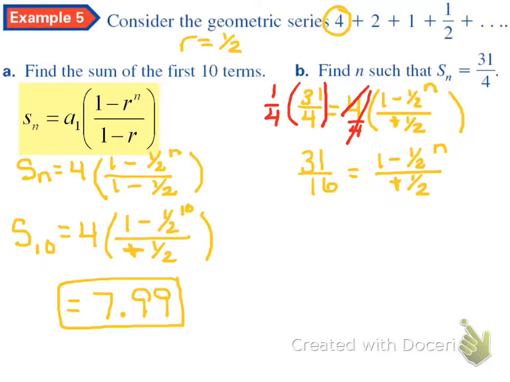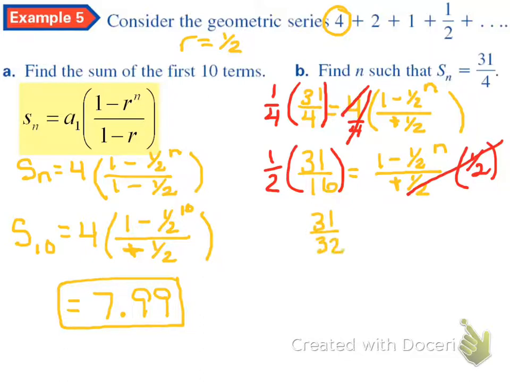Multiplying by 1/2 on both sides, let's change the color here so it's easier to see what we're doing. We're going to multiply by 1/2, so multiplying by 1/2 cancels out the dividing by 1/2. Multiply this side by 1/2. We end up with 31 over 32 would be equal to 1 minus 1/2 to the nth power.